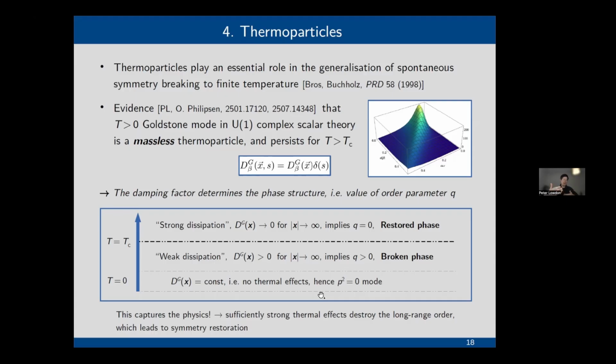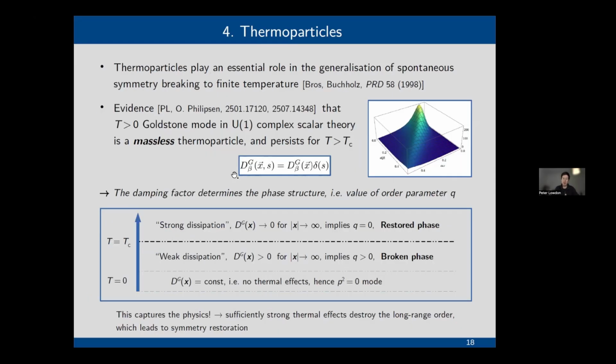So what that means is that you can have a change of phase, but the change of phase is not driven by a difference in the degrees of freedom of your system, because the Goldstone mode is still there. The information is never lost. It's how the damping of that mode happens above and below the transition that actually causes the order parameter to be non-vanishing or vanishing. And this, as I said before, has the structure of a massless thermoparticle.